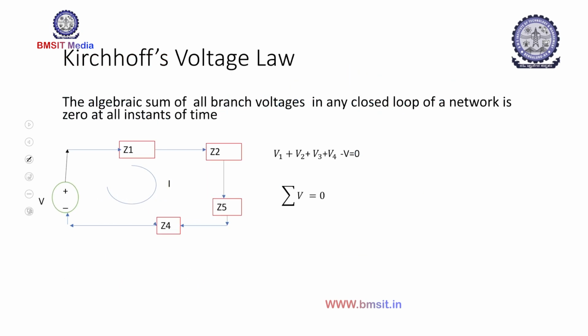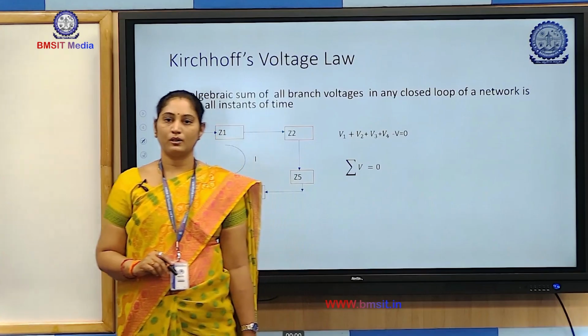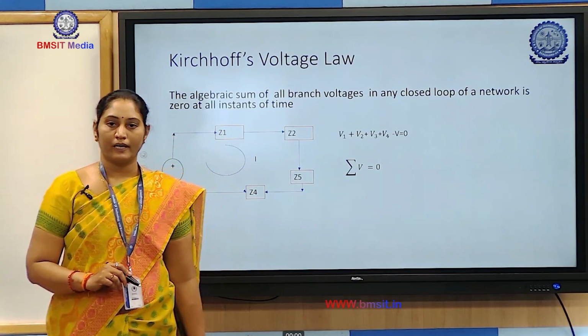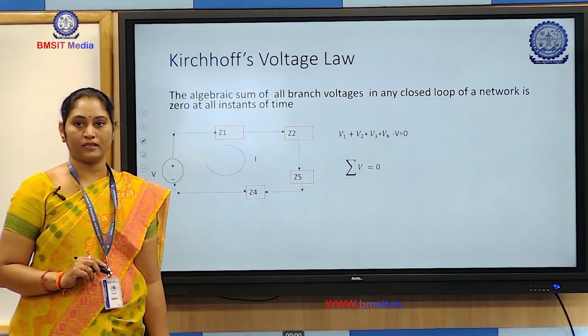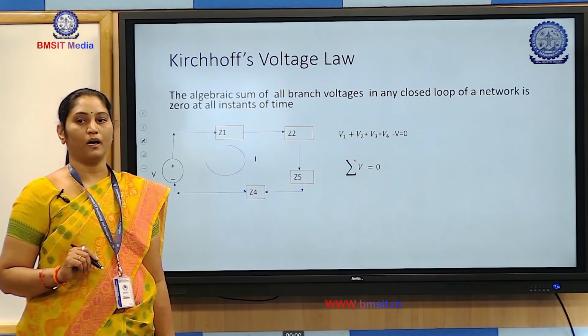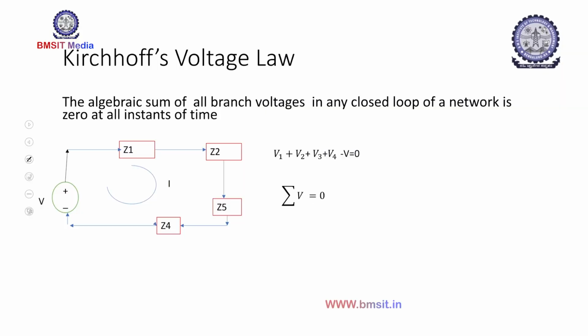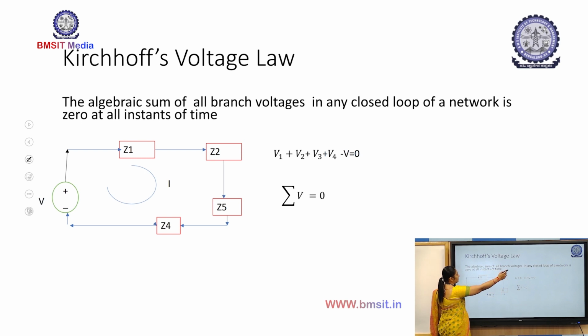Next comes Kirchhoff's voltage law. What is this law? It states that the algebraic sum of all the branch voltages in any closed loop of a network is 0 at all instants of time. What does that mean? An element connected between two ends is one branch, and this is another branch, and this is another branch.